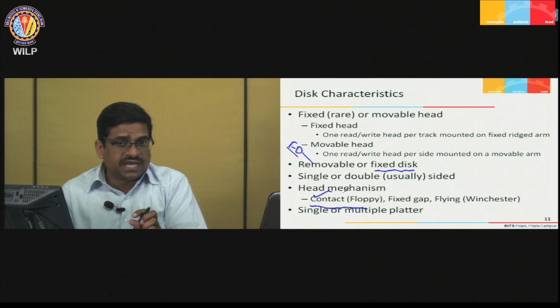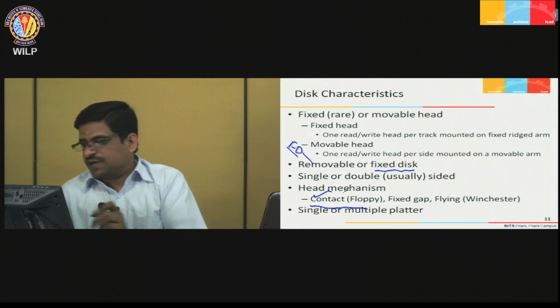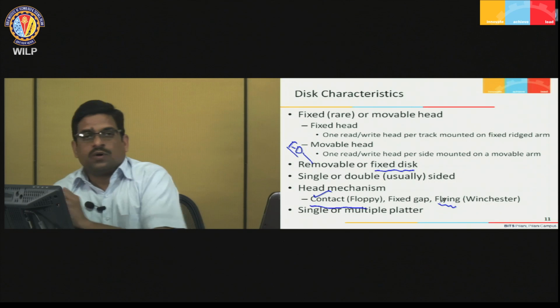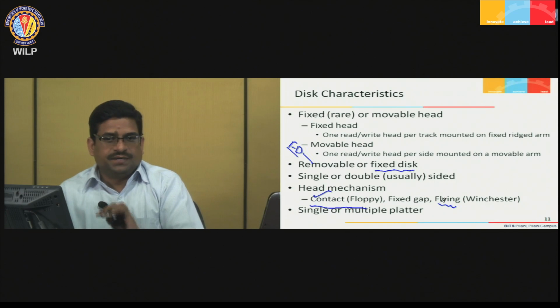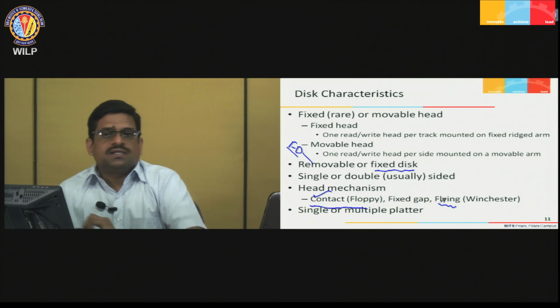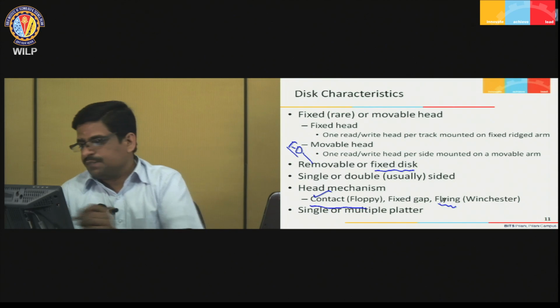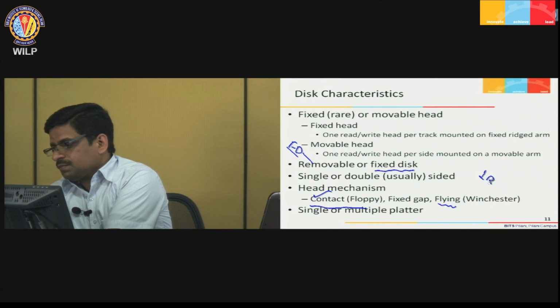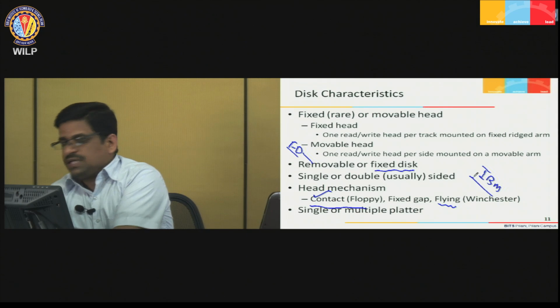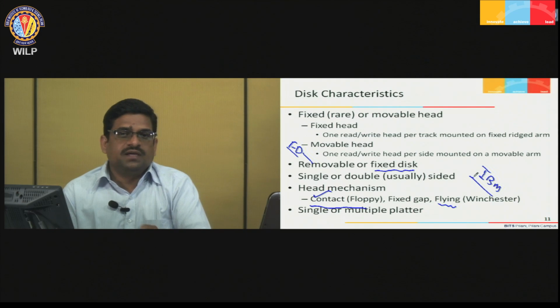They can be at a fixed gap, or it can be flying, meaning the head is floating at some height. That was first used in the Winchester disk developed by IBM. These disks came with a flying head floating over the surface, and there is an advantage to floating at a height.